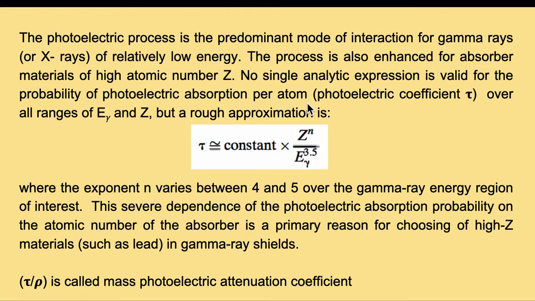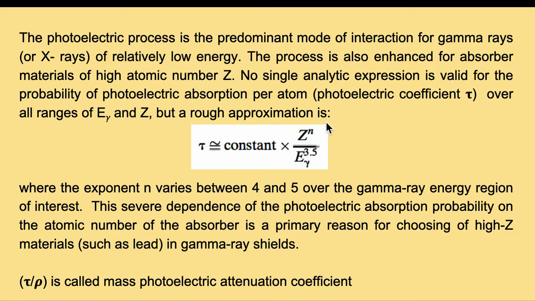That means, for a particular atom, how many photoelectric absorptions are possible is not given by any analytical expression, and you call it the photoelectric coefficient tau over all ranges of E gamma and Z.